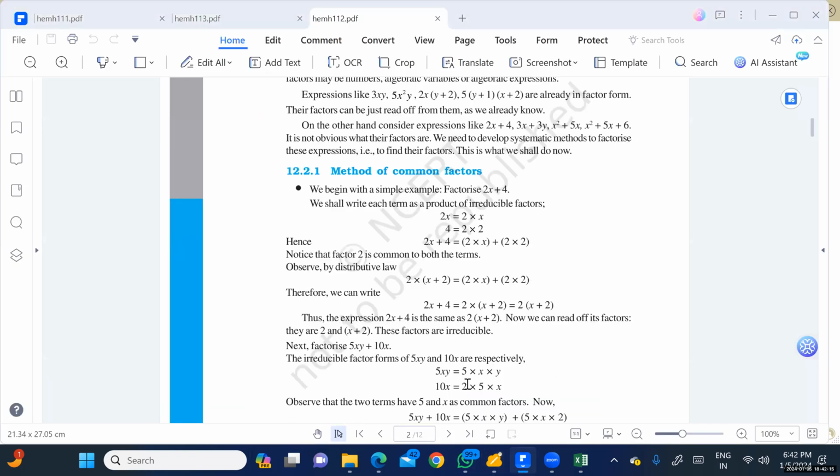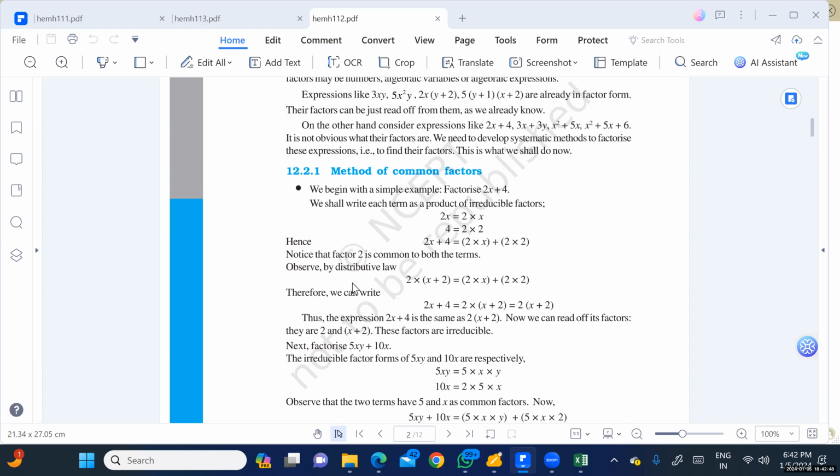Now, how did we get this? Let's see. First, we took the different terms. This term we said 2 into x. This we said 2 into 2. The whole thing we say 2 into x plus 2 into 2.